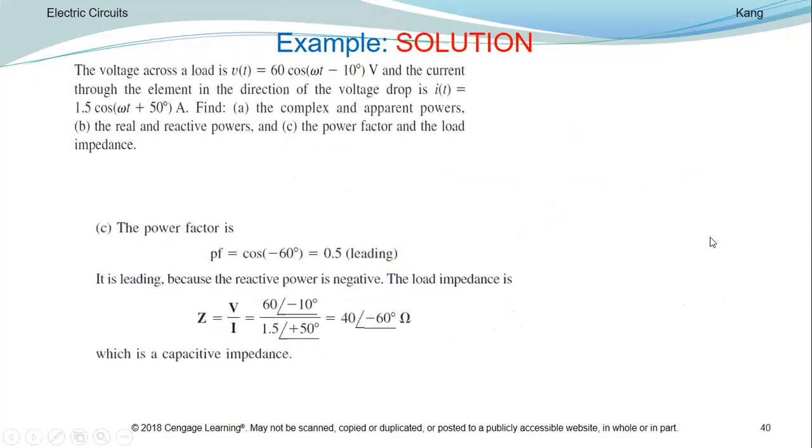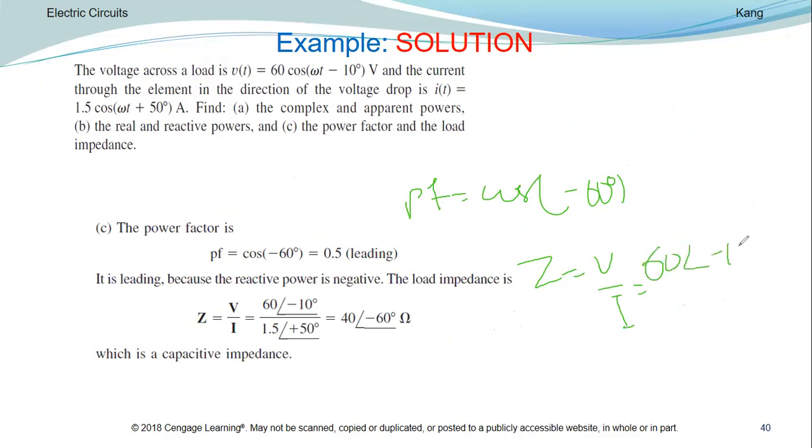So now the power factor, PF, will be equal to cos of theta, which will be equal to minus 90 degrees, and the load impedance will be equal to V upon I. So it will be equal to 60 with the angle negative 10 divided by 1.5 with the angle plus 50. So this is the value of impedance for my system.